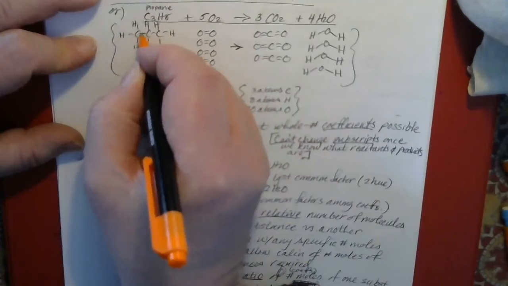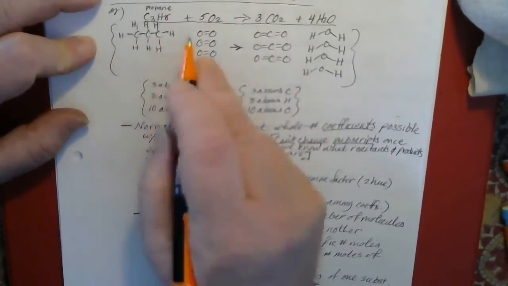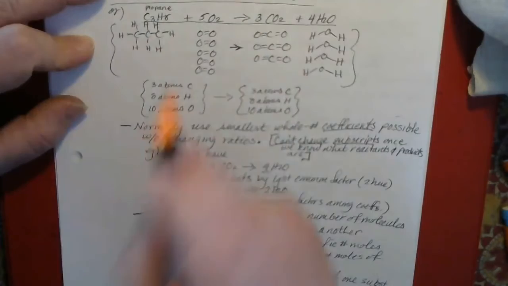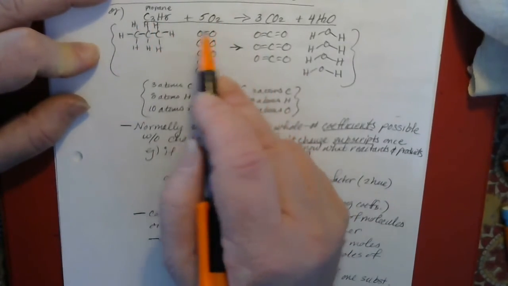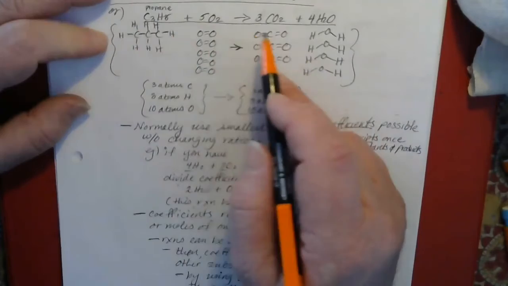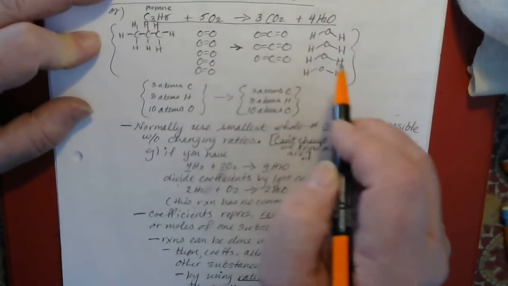You don't really need to know that now. So, if you need to know it, I'll tell you. And we'll learn how to figure that out later. And for each molecule of propane, it requires 5 molecules of oxygen. And you end up getting out 3 molecules of CO2 and 4 molecules of water.